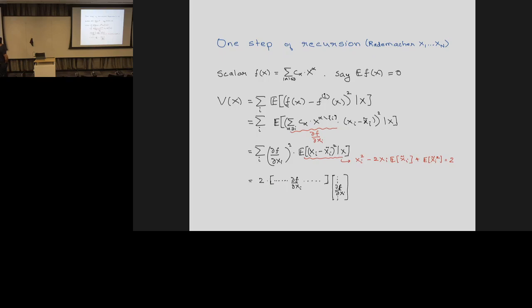Now the expectation again is only with respect to x tilde, x is fixed. So this thing doesn't really show up in the expectation. The only thing inside the expectation is this very simple quantity, which is actually just 2 in expectation. So you can write this v of x as this very simple matrix times its transpose, where the ith entry of this matrix is just the partial derivative. So we already saw some sort of expansion of our matrices.